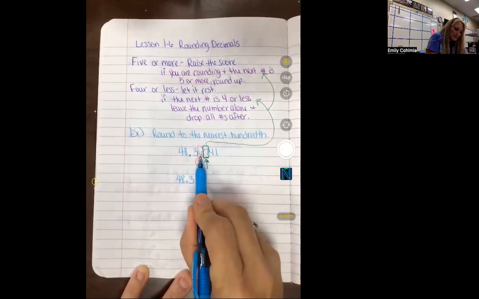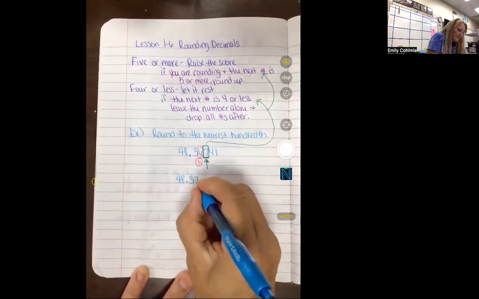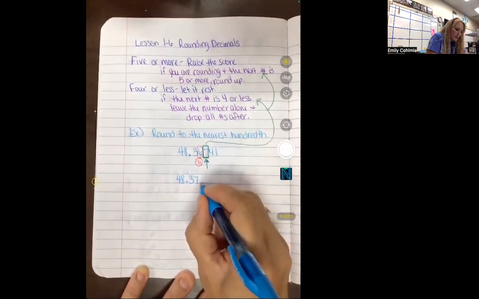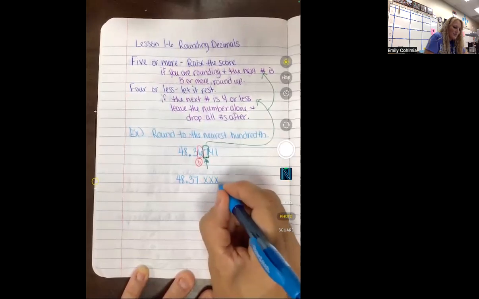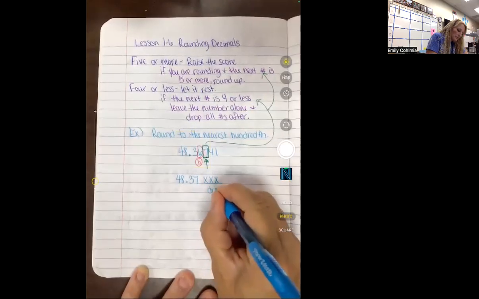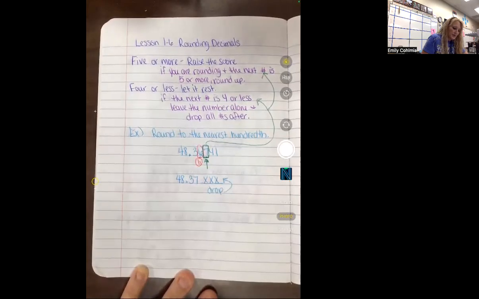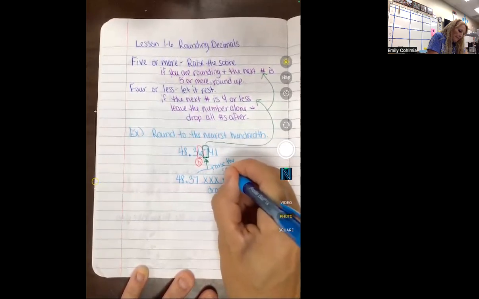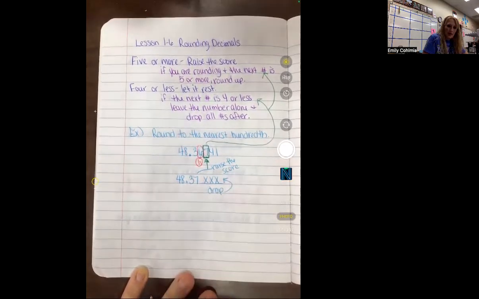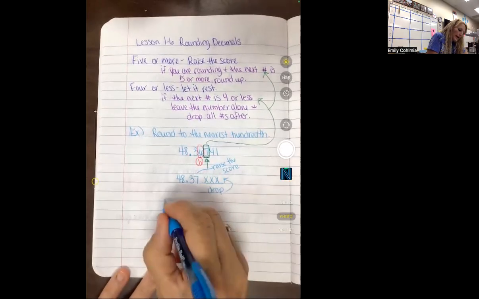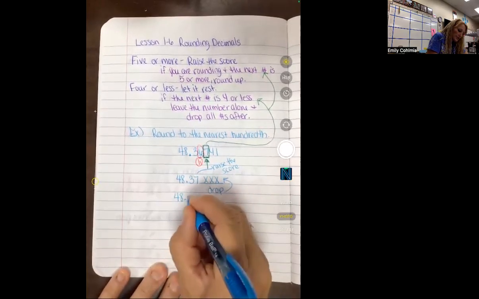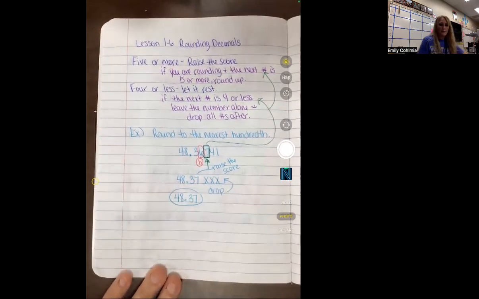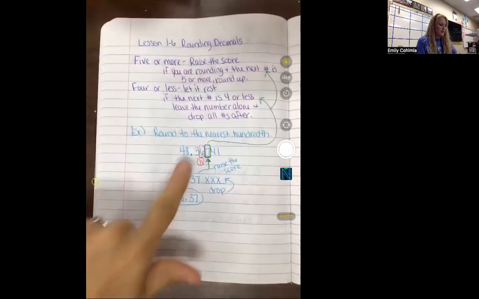We're going to raise the score on the 6 to a 7, and everything else gets dropped. So we don't have anything else behind. So we raise the score and we drop everything else behind it. So our rounded answer is 48.37. That is our rounded answer of this number.